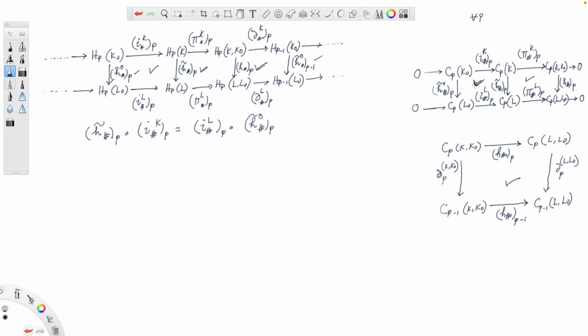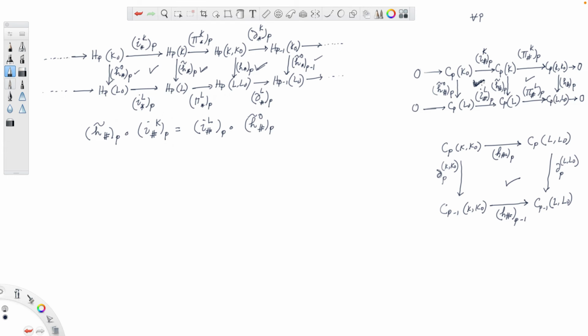So we are talking about this square: H hash at P composed with I hash K at P is equal to I hash L at P composed with H tilde 0 hash at P, right? This is the commutativity of this square.